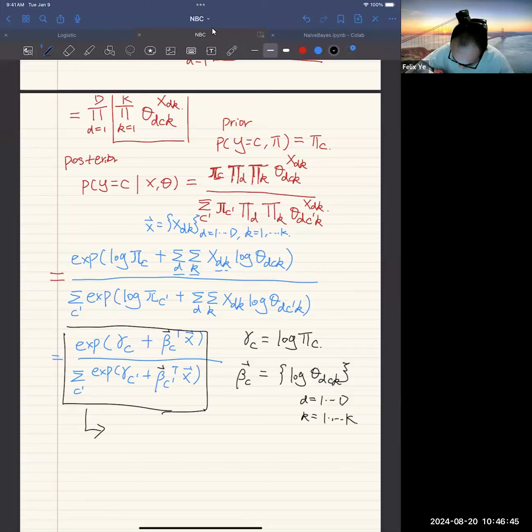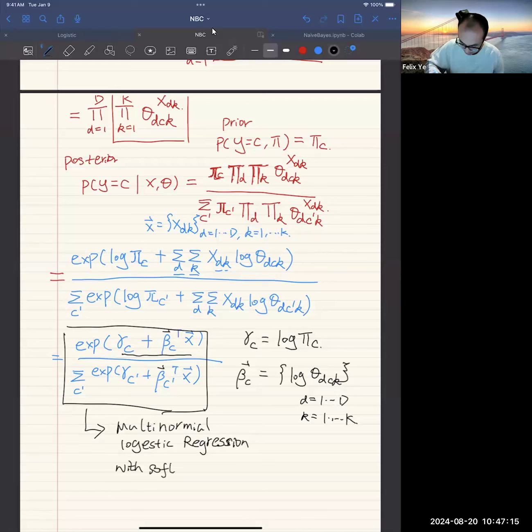And you can see this right here. It's a linear model. After the linear model, you are going to output this as a softmax. So this is multinomial and the logistic regressions with the softmax.